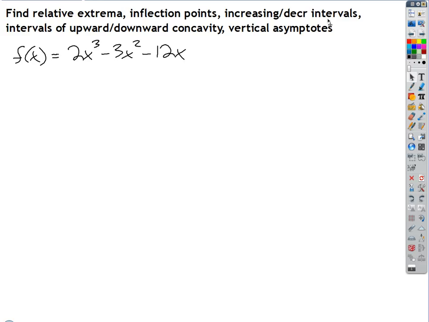So for example, if I just draw a little function here, and I pick this point right there, is that going to be upward or downward concavity? Downward, which is negative concavity, because the tangent line sits on top of the graph. How about right here? Downward, still downward.